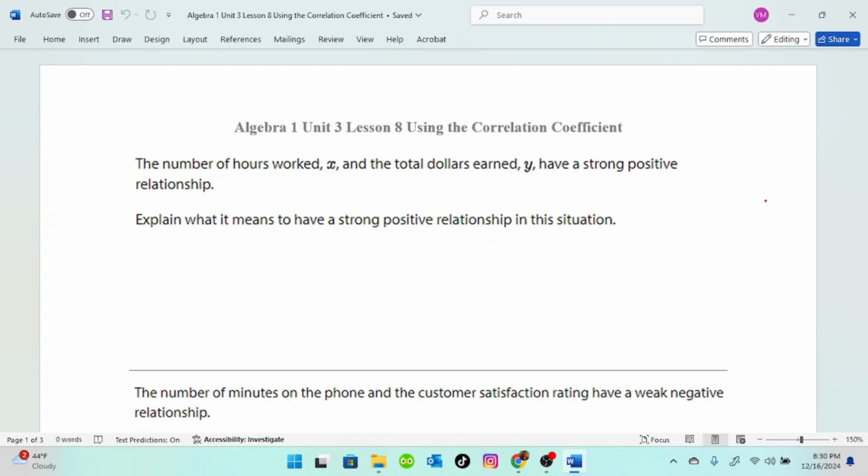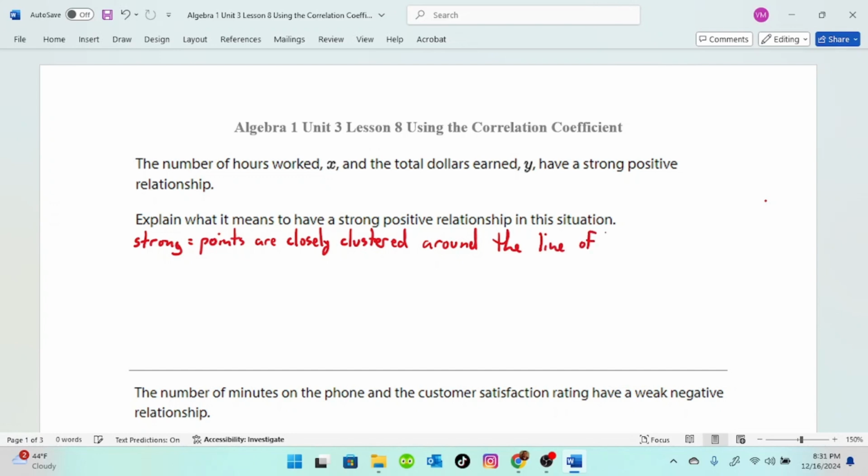So, strong means the points are closely clustered around the line of best fit.